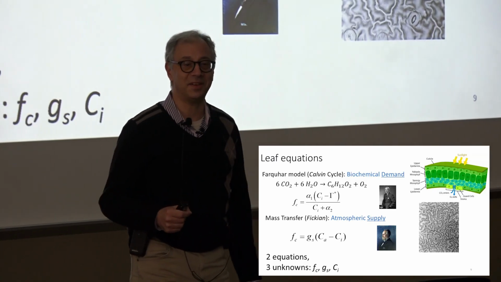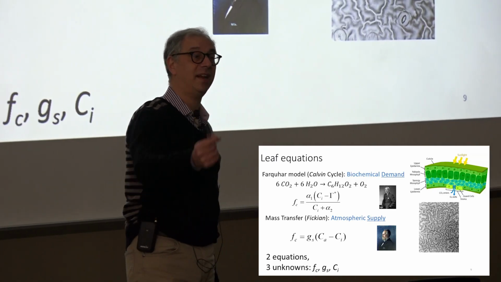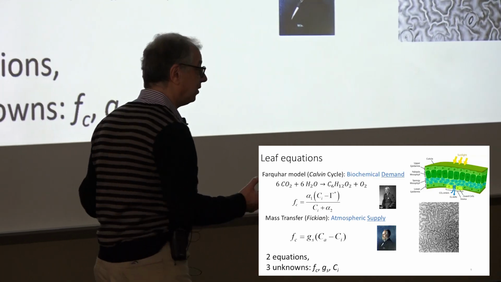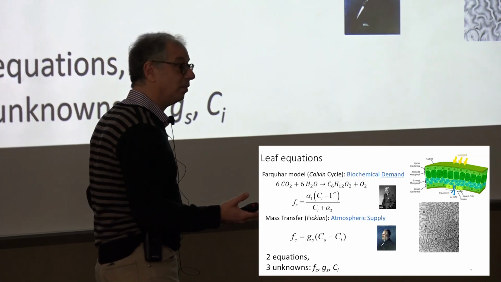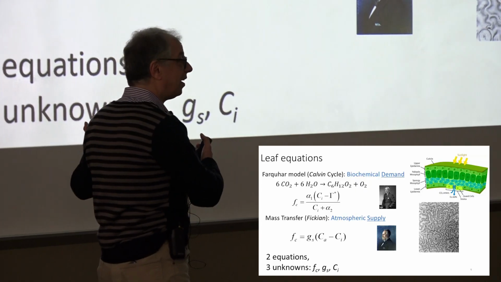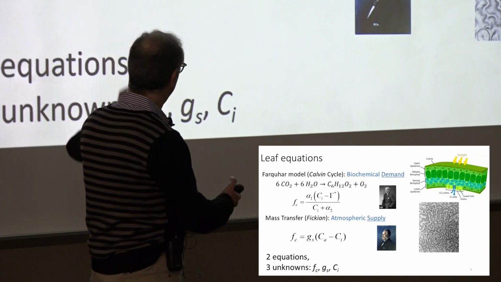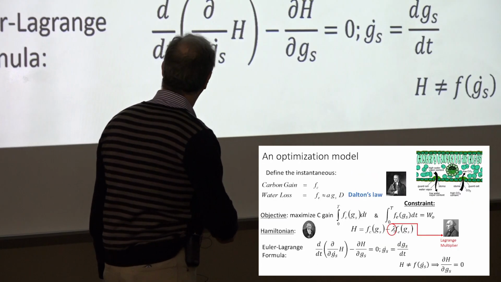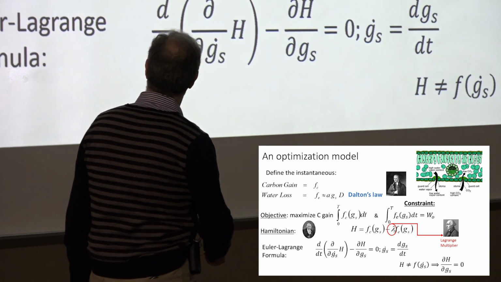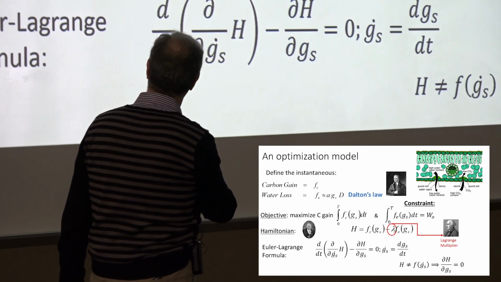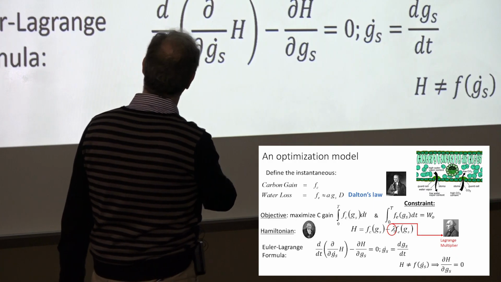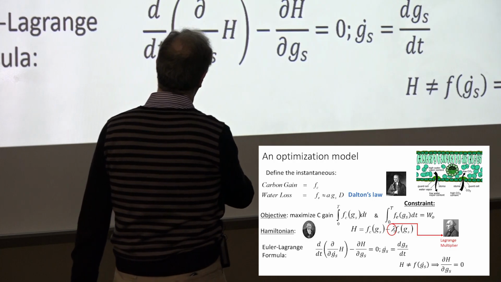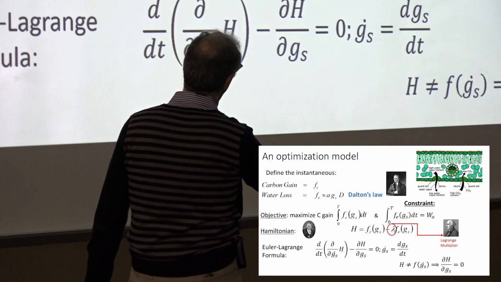And that's where optimality theory will come in handy. Instead of writing an empirical equation, we can argue that all plants, by and large, might operate using some sort of optimality rule that will enable us to find a generic third equation that allows us to solve these two equations and two unknowns. So we might argue the following: we envision the carbon gain to the plant as a plus, that's what the plant would like to do, but they have to pay a penalty, where if they open these stomates, they have to lose water vapor.